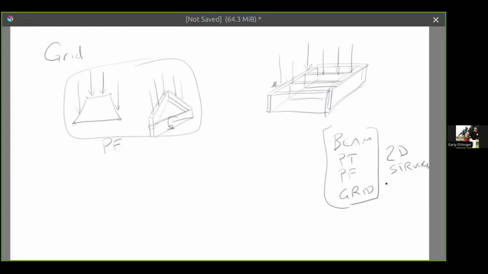So next we'll talk about the 3D structure types, which I mentioned at the top of this. We've got a space truss, and that just means that we've got nodes arranged three-dimensionally. We can imagine a tetrahedron.